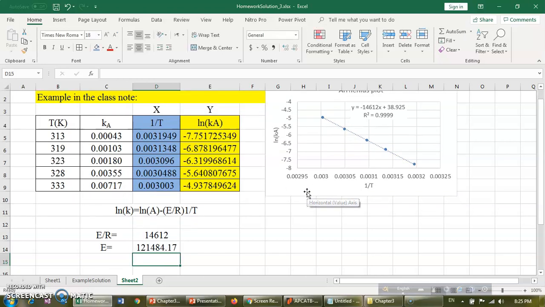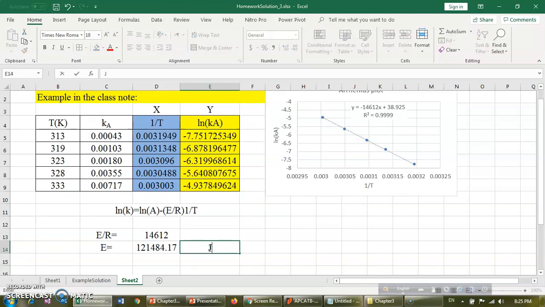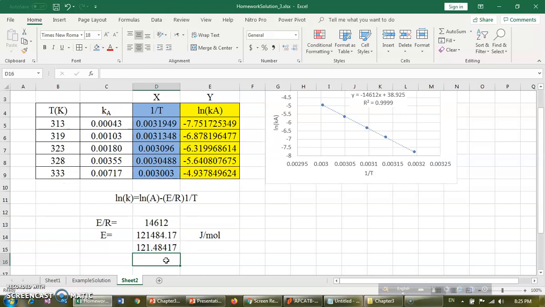So we can have directly the value of E in terms of joule per mole, right? Now if we want to convert it into kilojoule, we select the value of E divided by 1000, and we get the value in kilojoule per mole, right? So this is how we can calculate the activation energy.